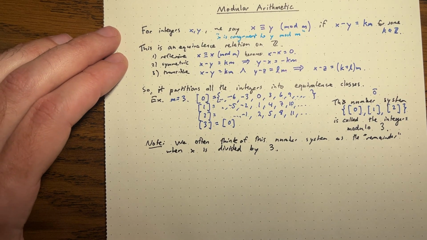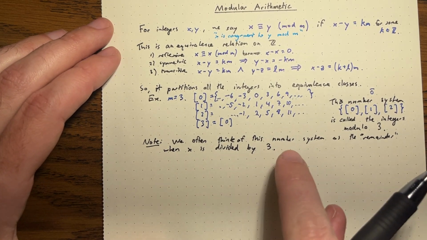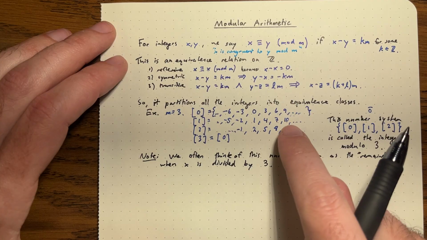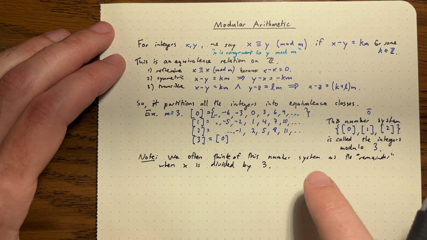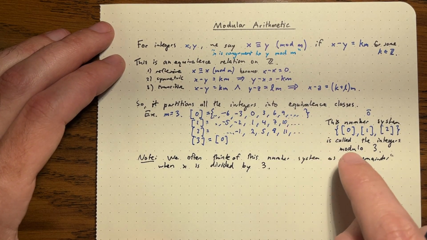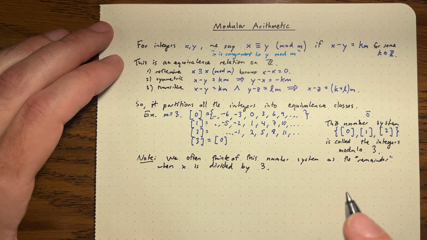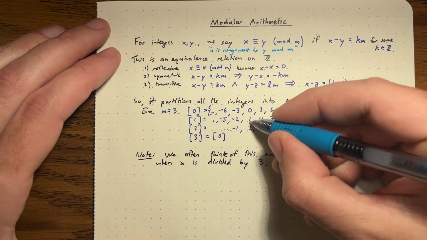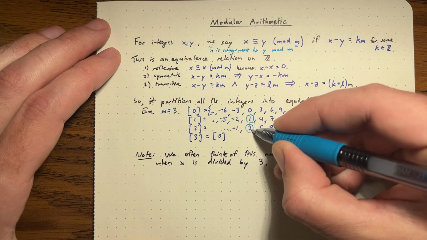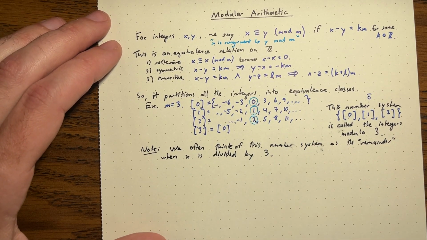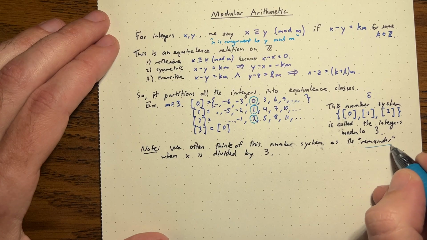In fact, in computer programming, if you compute 10 mod 3, it'll give you the remainder when 10 is divided by 3. So it'll give you 1. There's sort of 3 most important representatives of their respective equivalence classes, 0, 1, and 2. You can think about those as the remainders.